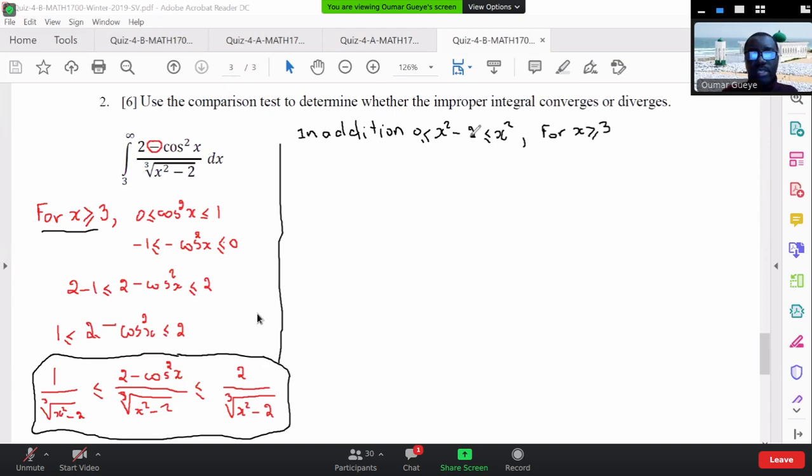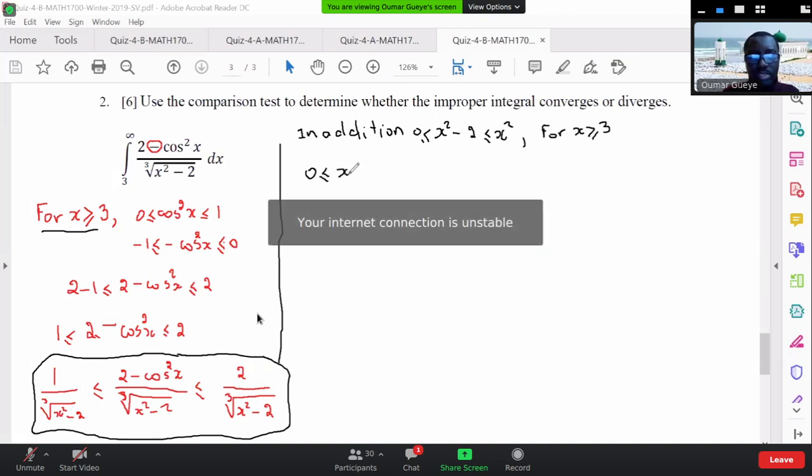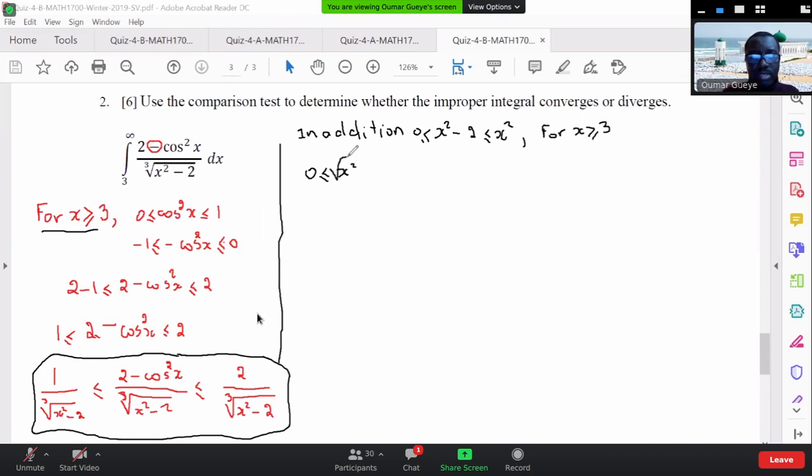Right? And this is my denominator. I'm going to take the cubic root. So it means 0 is less than... I'm trying to squeeze the denominator here. That's why I take this minus 2.